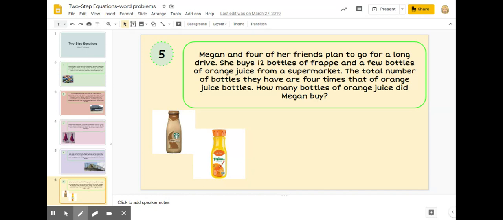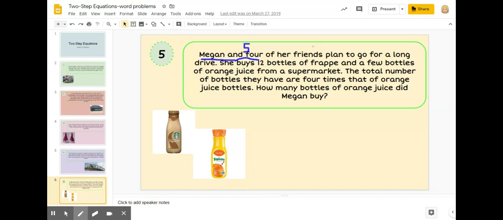All right, Megan and 4 of her friends plan to go for a long drive. Where are you headed, Megan? So Megan and 4 of her friends. That sounds like 5 people to me. She buys 12 bottles of frappe.